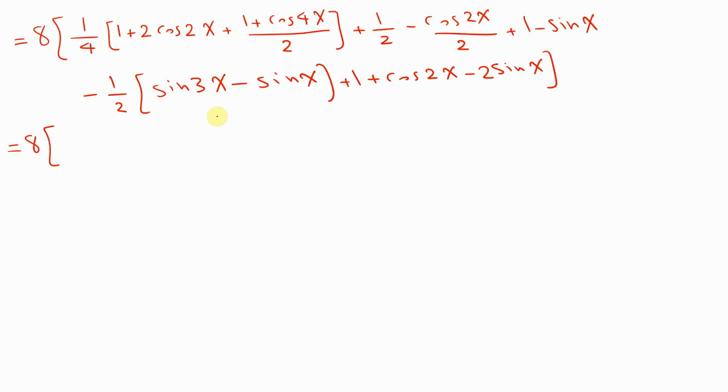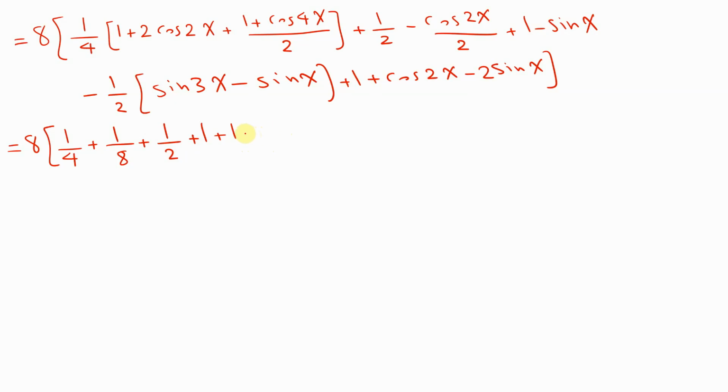Now I'm just going to write the DC part, or the constants. 1 divided by 4 times 1 becomes 1 divided by 4, plus 1 divided by 4 times 1 divided by 2, which is 1 divided by 8, and this plus 1 divided by 2, this plus 1 in here, and this plus 1 in here. Okay, these are all the constants.